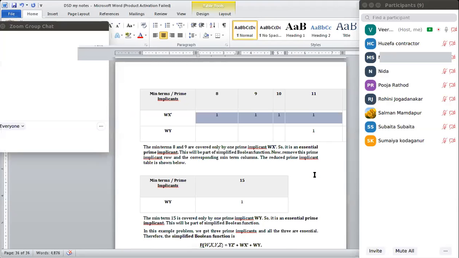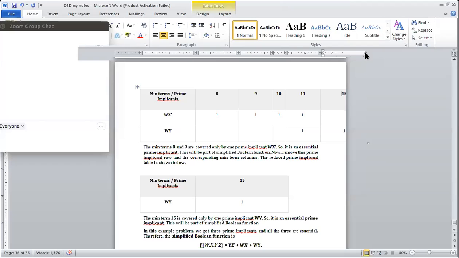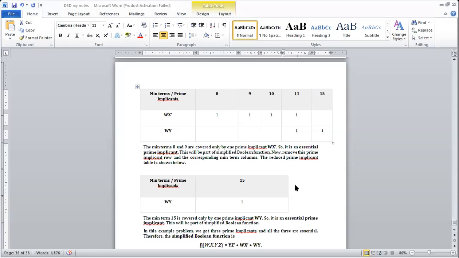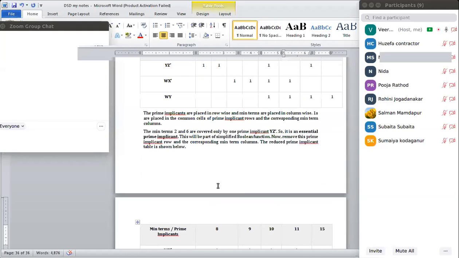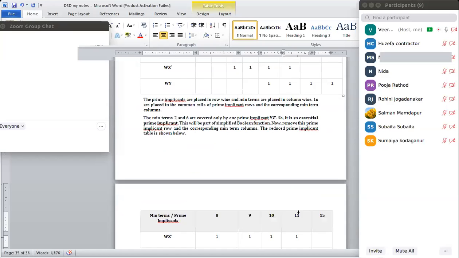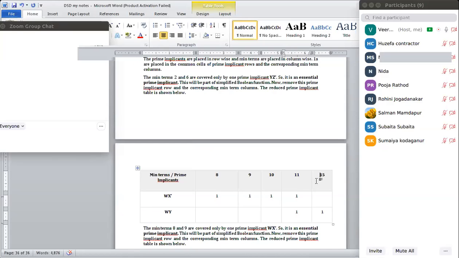Now, 8, 9, 10, 11, 15. Okay, I will take only one row, 8, 9, 10, 11. So here, 10, 11, 14, 15. One more should come here.